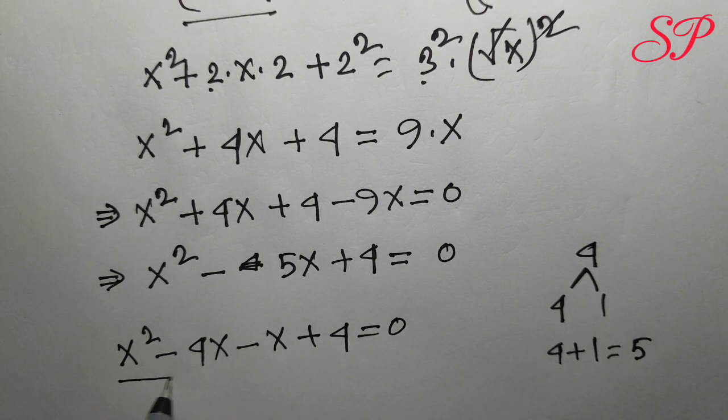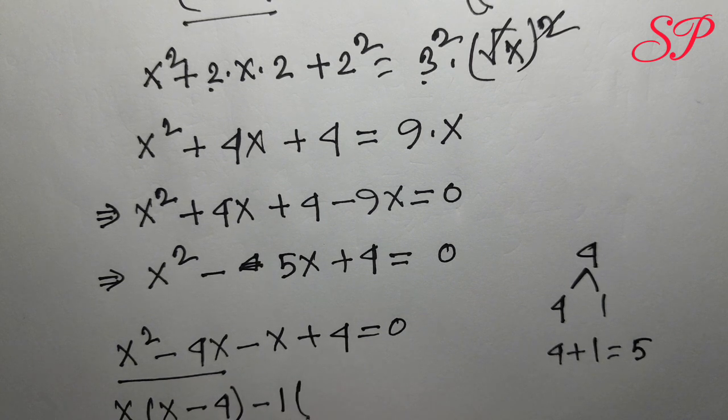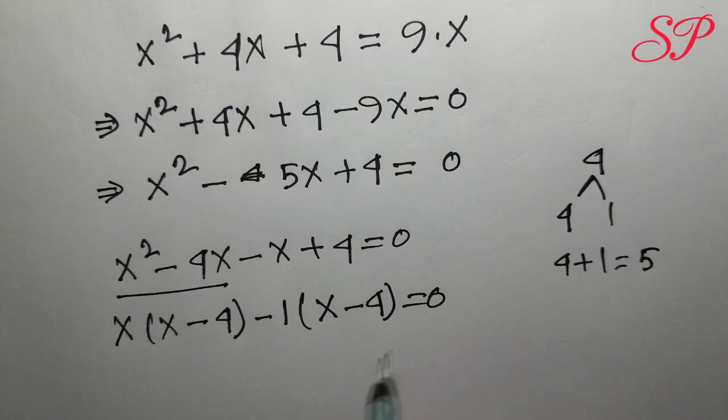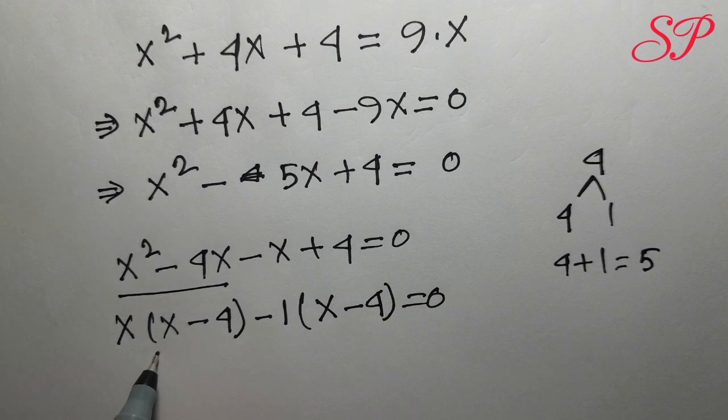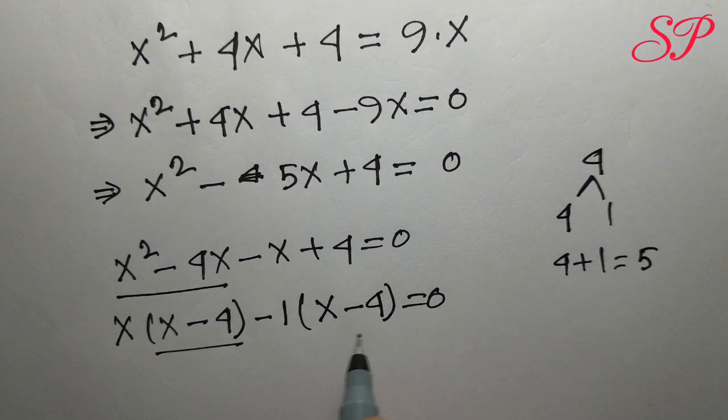Here in this part we take common x, so the remainder is x minus 4. In the other part we take common minus 1, so here is x minus 4 is equal to 0. Then x minus 4 is common.